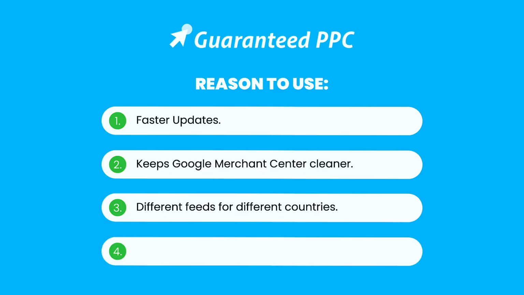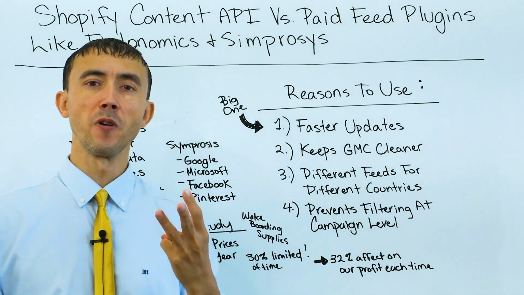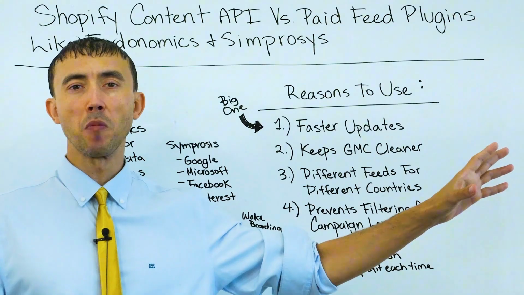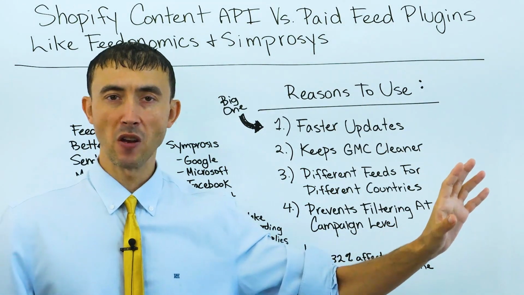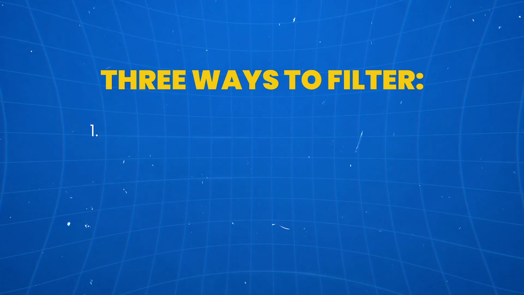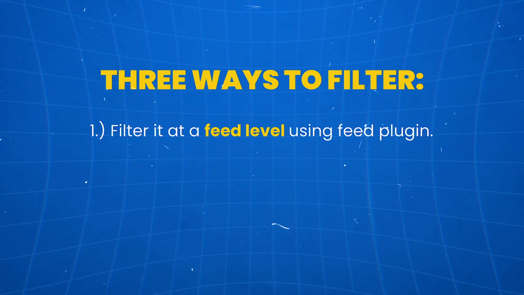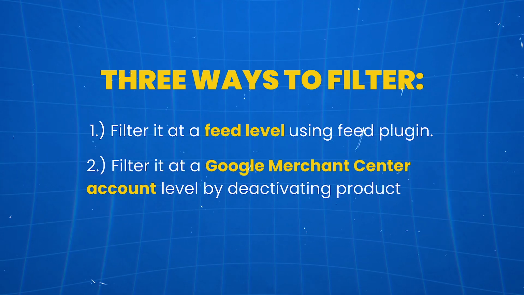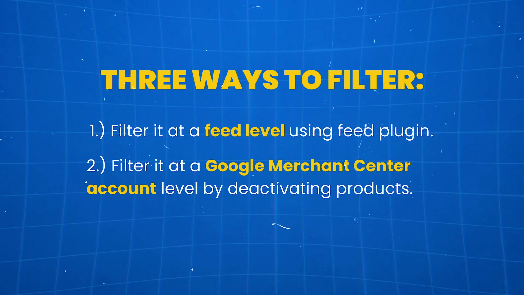Number 4 reason why you would use a paid plugin is it prevents filtering at a campaign level, because there are 3 ways overall to filter the products on your website, ultimately which ones get promoted with your shopping and or PMAX campaign, if you run a PMAX campaign to run your shopping placements. Number 1, you can filter it at the feed level using your feed plugin like I was talking about earlier. You can also filter it at the Google Merchant Center account level by just deactivating a product there.